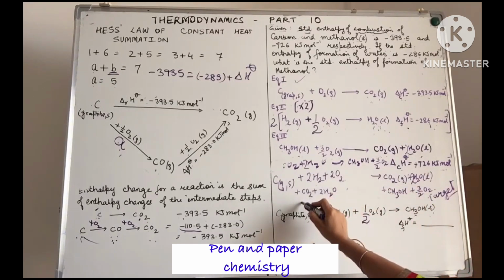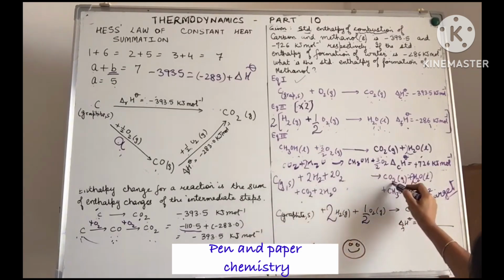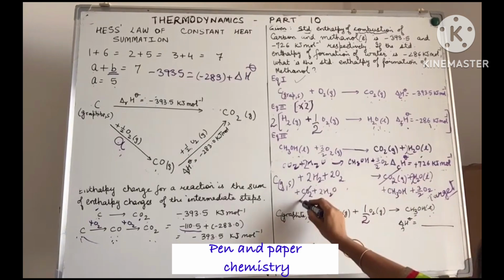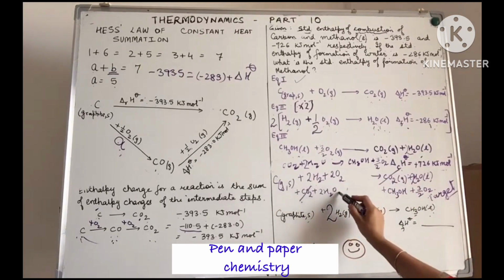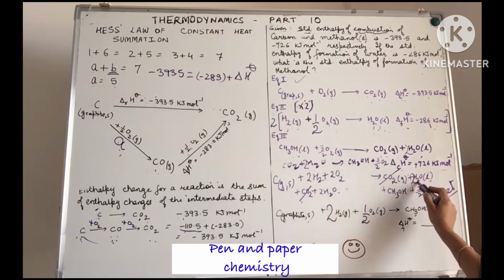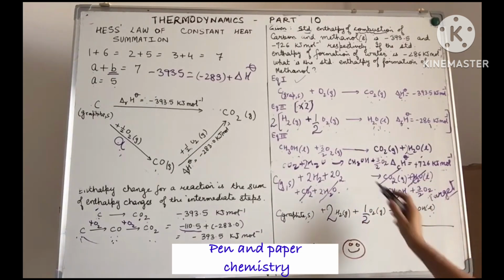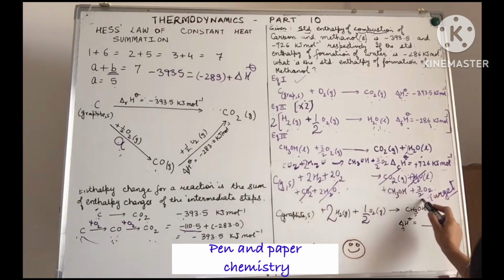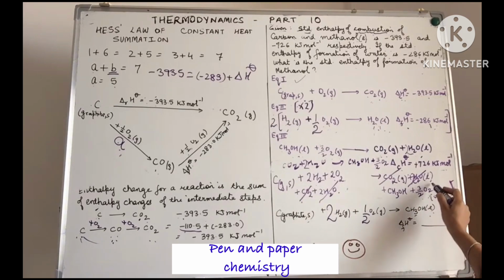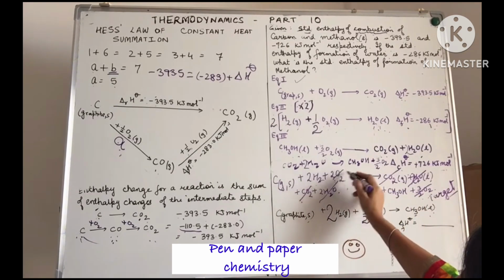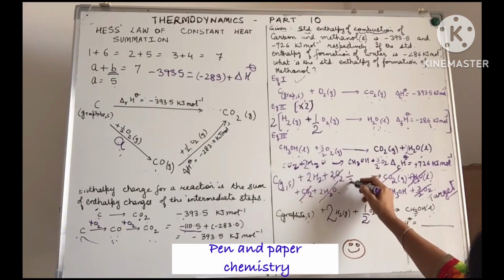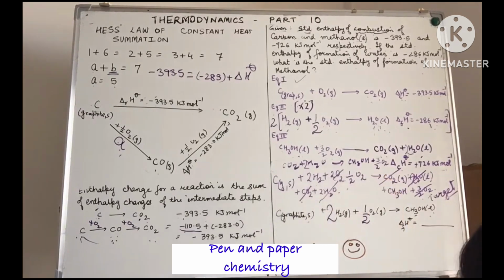We are getting carbon dioxide in the reactant, carbon dioxide in the product. 2 water on the left hand side, 2 water on the right hand side. Cancel. There's 2 oxygen and that is 3 by 2 O2. So what do we have is, we are just left with 1 by 2 O2 over here.